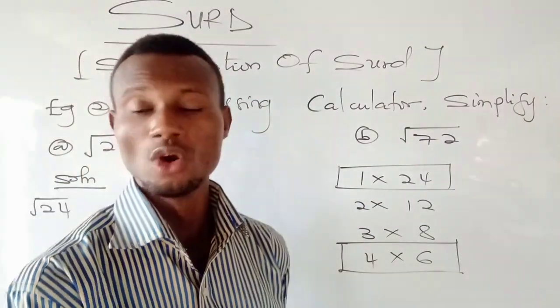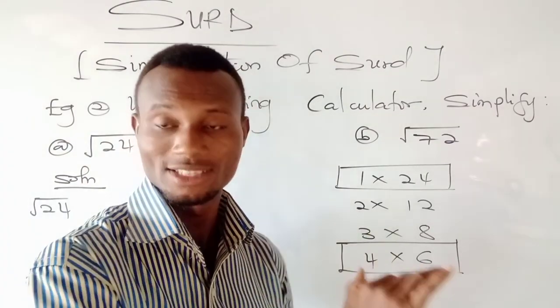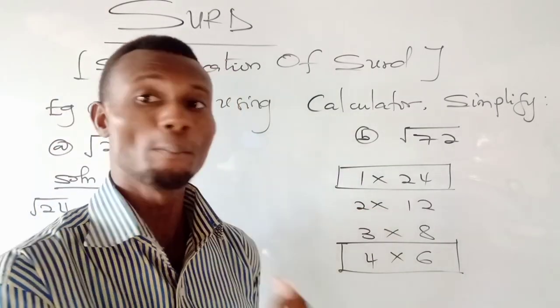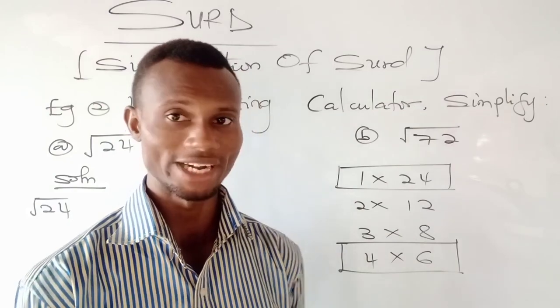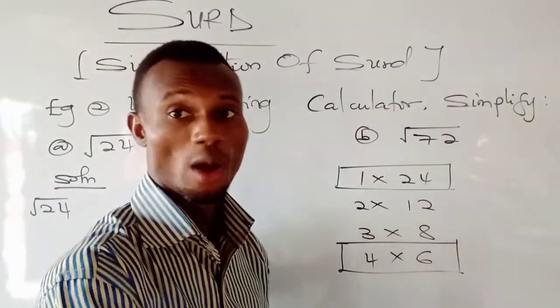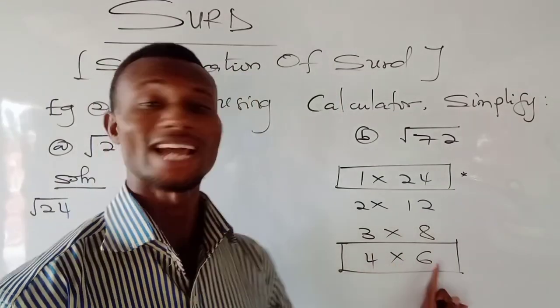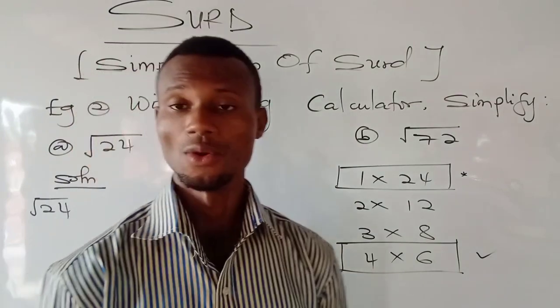You cannot go further. So we pick a value in which, when the square root sign affects it, we can simplify further. In simple terms, we don't pick the one which has 1 in it as a perfect square. So the one we'll pick will be the 4 times the 6. The 4 times 6 is what we are going to use.